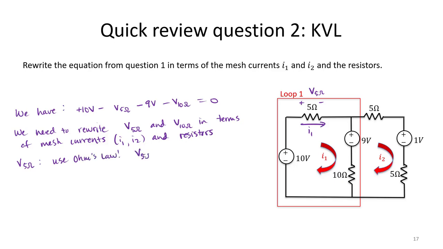Notice we can write the voltage drop across our 5 ohm resistor as our current I1 times the resistance, which is 5 ohms. I'll go ahead and leave it as 5I1 in this case. So remember that you want to keep your units in terms of volts, ohms, and amps.